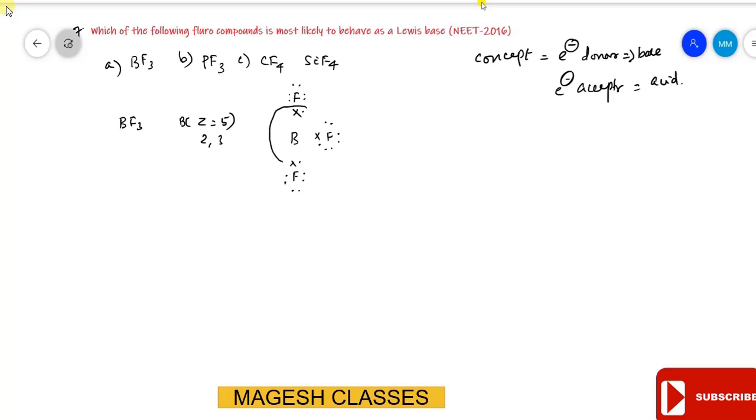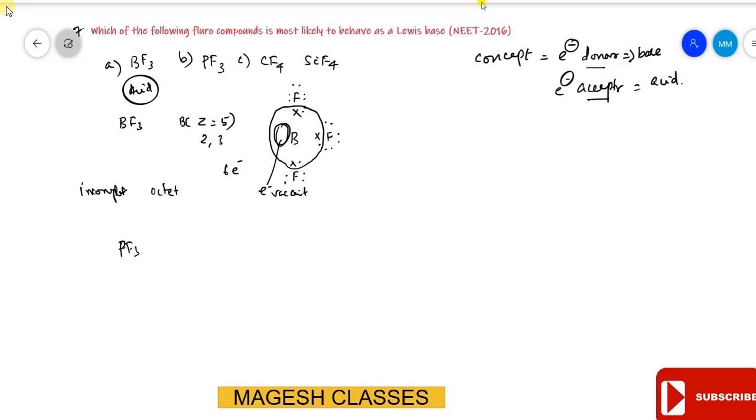If you count the outer shell electrons, there are totally 6, so the octet is incomplete. Here an electron vacancy is present, so it can accept electrons and behaves as an acid. So boron trifluoride is an acid.